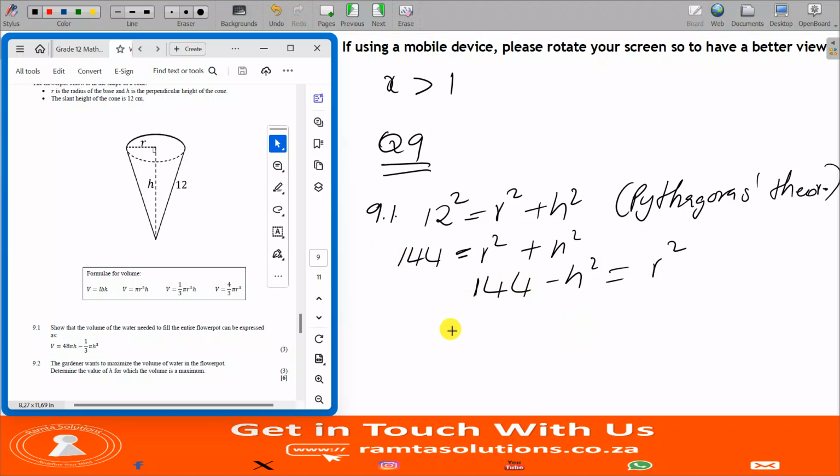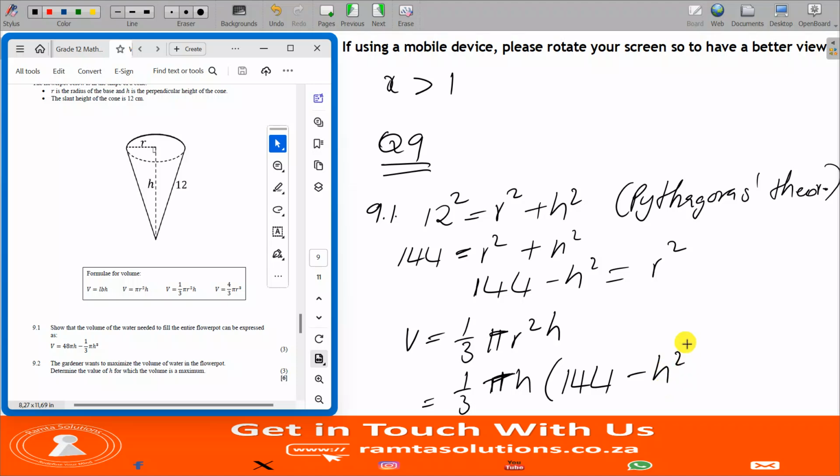So the volume that we can use is this one here. Volume is equal to 1/3 pi r squared h. Where r squared is, we put 144 minus h squared. Now what is 1/3 of 144? 1/3 of 144 is 48.